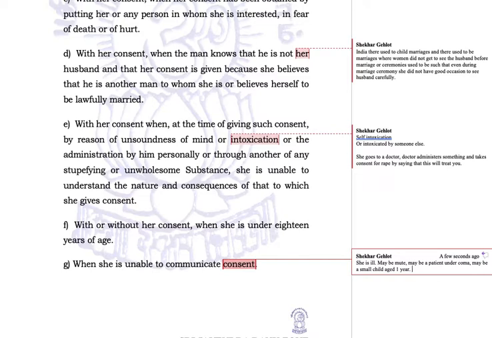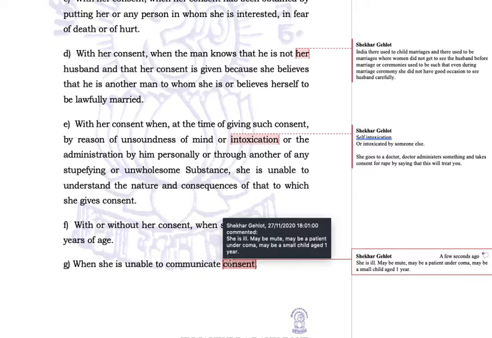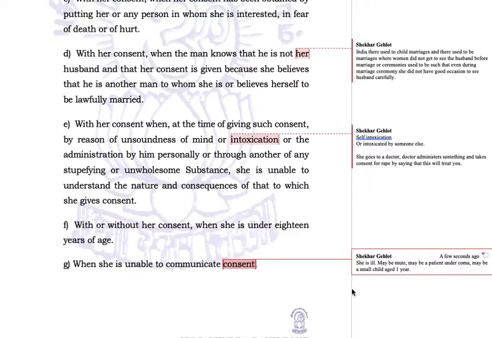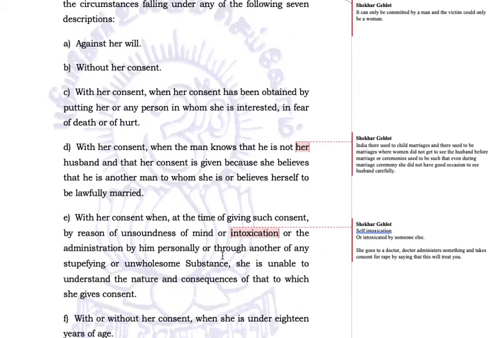There may be so many conditions in which a woman may be unable to communicate consent. She may be injured, she may be in the vegetative state, she is a small child, she cannot speak, she is ill. So in such cases, if someone is committing sexual intercourse with her, then definitely he is committing a rape.